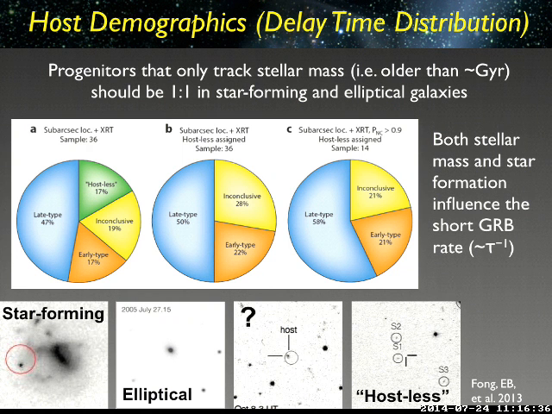Okay. Yeah? So for long GRBs, if you do the same exercise, do you also have those inconclusive ones? Yes, especially at higher redshifts where getting spectroscopy is difficult, and sometimes we don't even see the host. And the fraction is also more or less 20%?